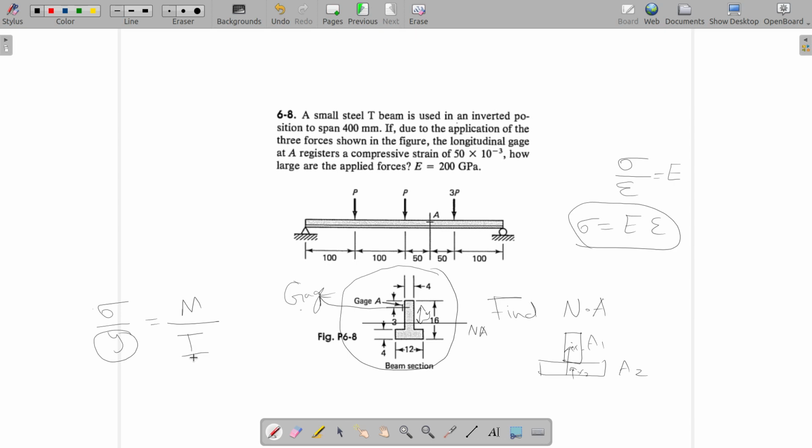And I is the moment of inertia of the cross section about neutral axis.